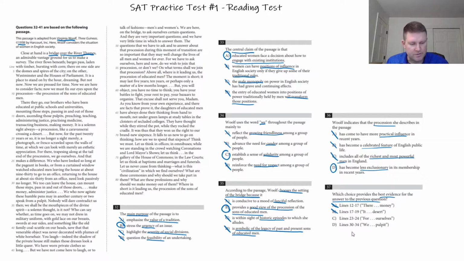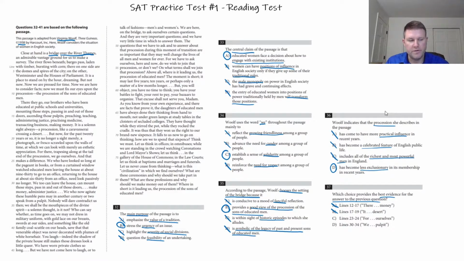D is the trap I was talking about. So if we look at lines 30 to 34, we too can leave the house, can mount those steps, pass in and out of those doors, make money, administer justice. And then we who now agitate these humble pens may in another century or two speak from a pulpit. So this is what I was talking about with going a layer deeper unnecessarily, okay. Yes, women are going to be allowed to work alongside men, and she's talking directly about what it's going to look like when they do, okay.